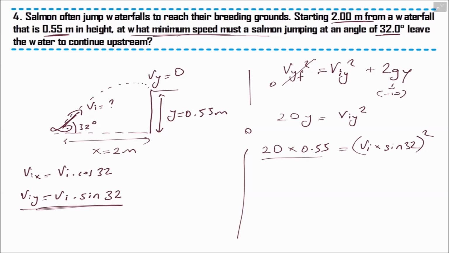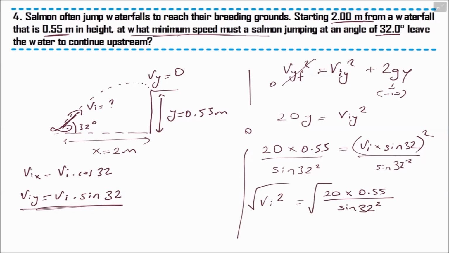And if we divide both sides by sine 32 squared, v initial squared will be 20 times 0.55 over sine 32 squared.